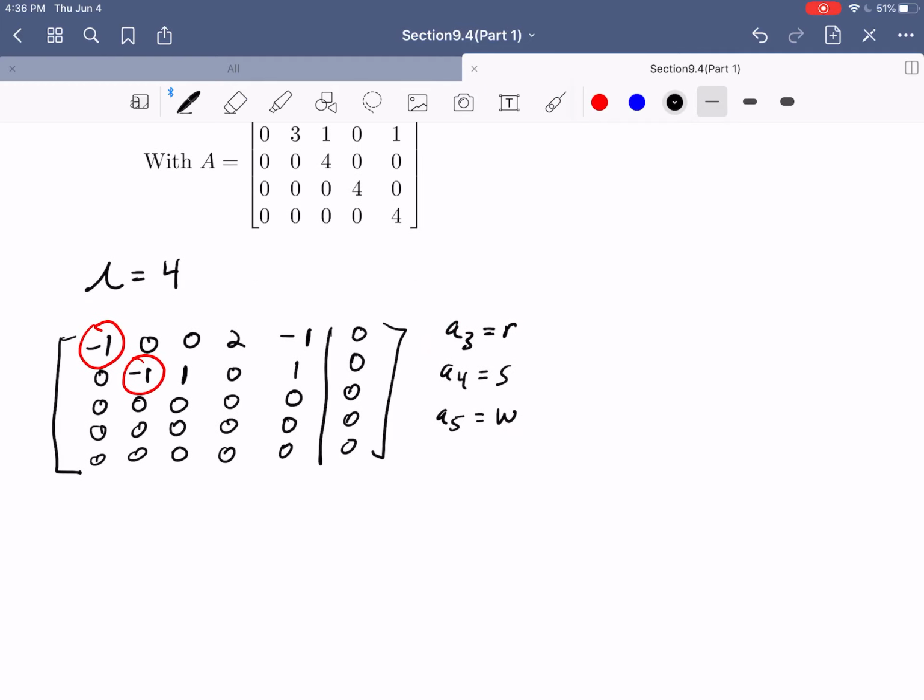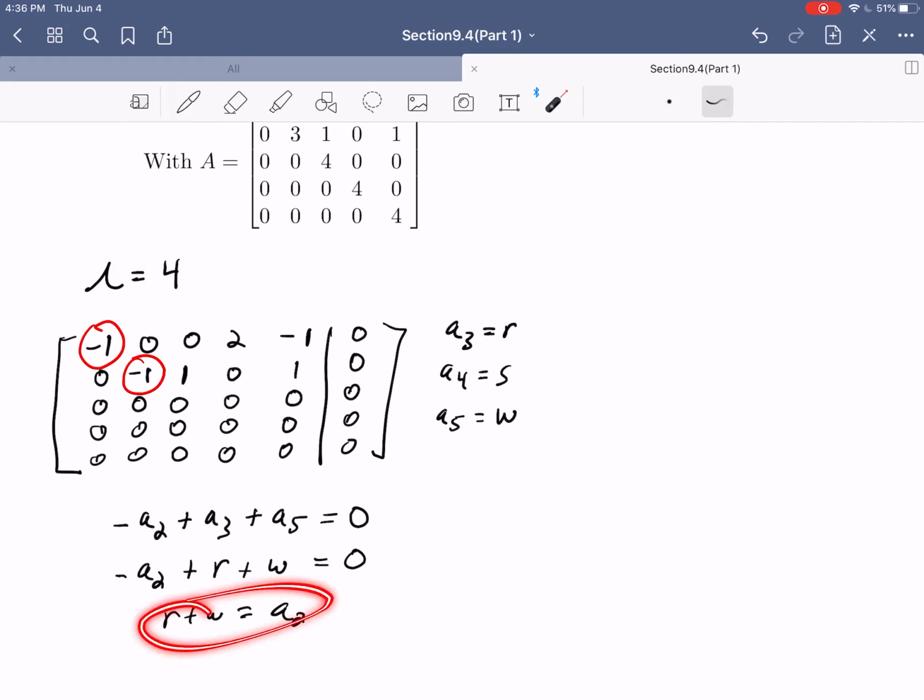Okay, so this equation here tells us that negative A2 plus A3 plus A5 is supposed to be 0. So we get that negative A2 plus R plus W is supposed to be 0. So we get R plus W is supposed to be A2.